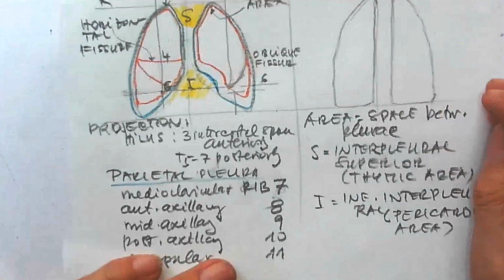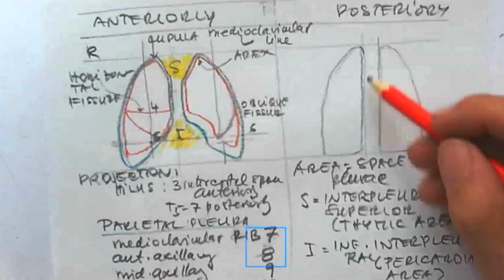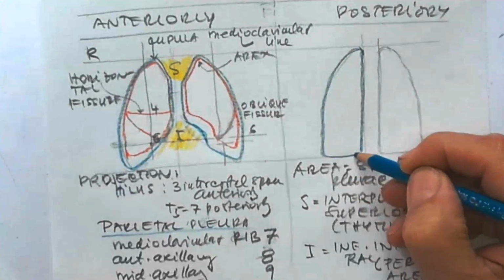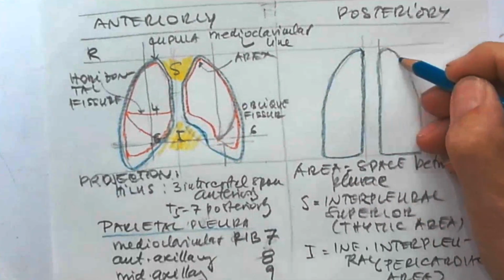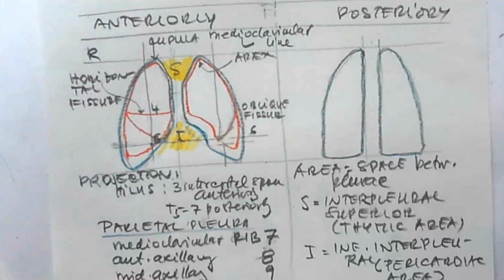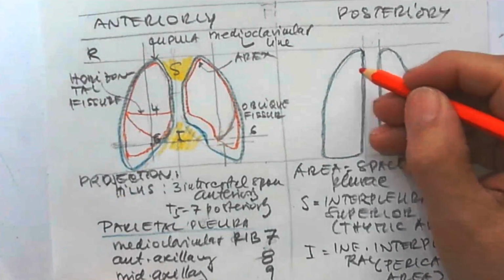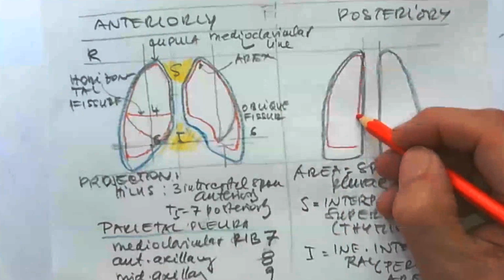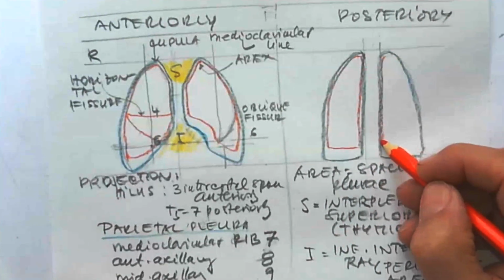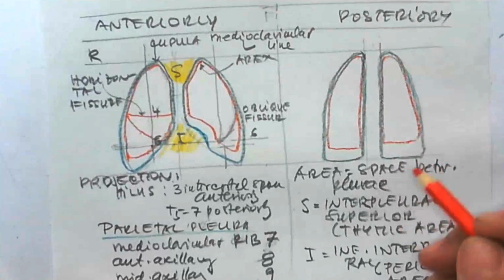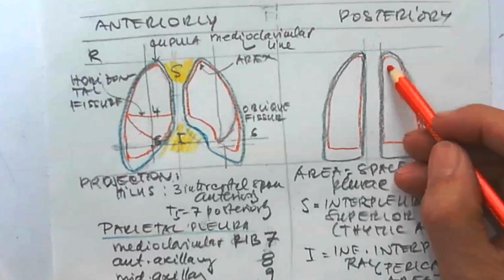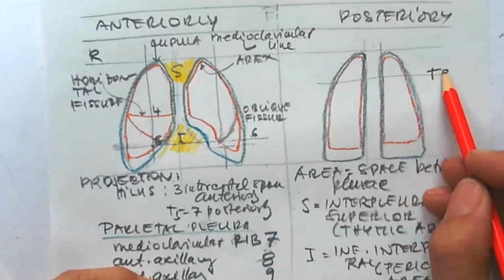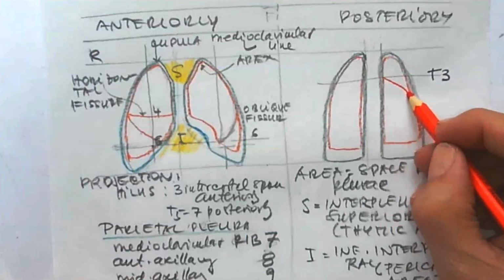And then bluish, larger area, like in our drawing, and then reddish is in fact the same look, but in higher position, a difference usually of 1.5 vertebrae or 2 vertebrae. Good. And here must be T3. We are at the level of T3, and then the descending oblique line.